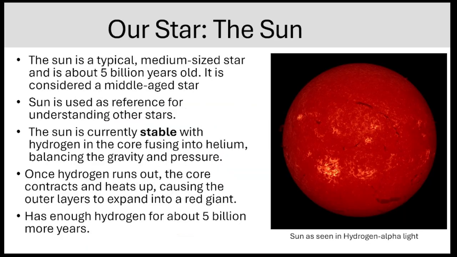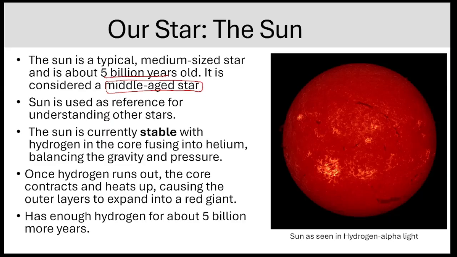Now, when we are talking about stars, we should definitely talk about our star, which is called the sun. Our sun is an average medium-sized star, about 5 billion years old, and it is also considered a middle-aged star.